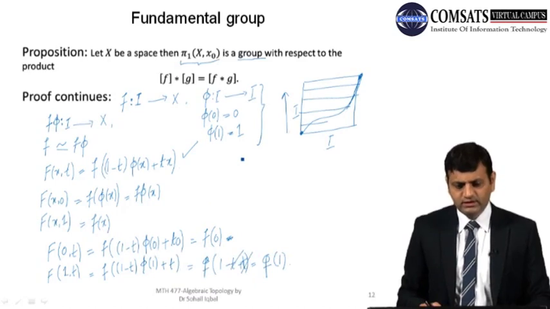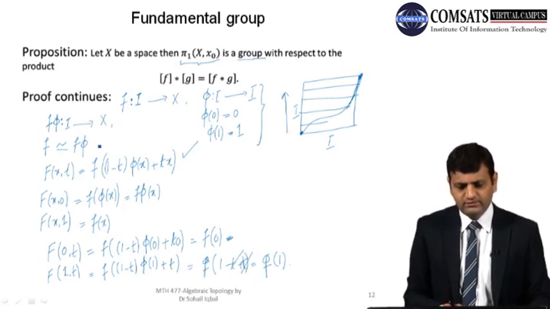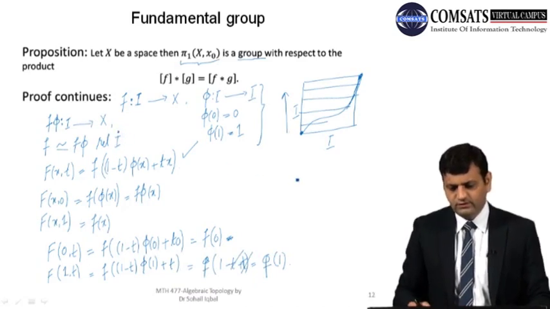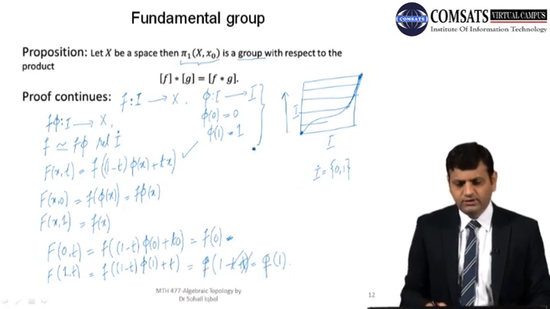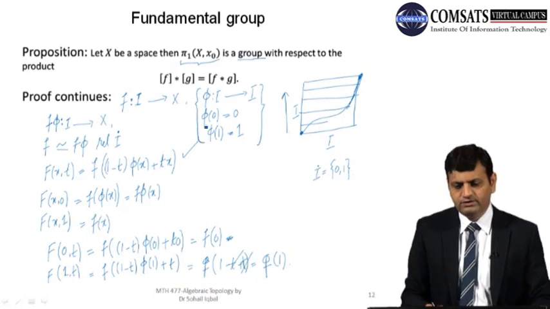So we can say that f is homotopic to f phi relative to I dot, where I dot is equal to {0, 1}. If I have a path f and a reparameterization of f using a continuous function phi such that phi of 0 is 0 and phi of 1 is 1, then f is homotopic to f phi relative to I dot.